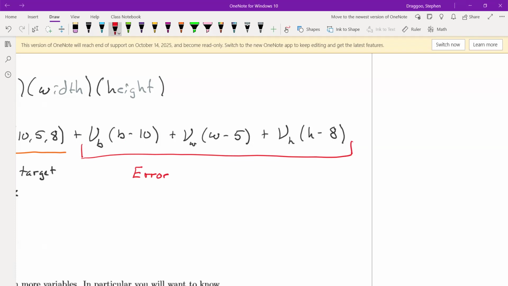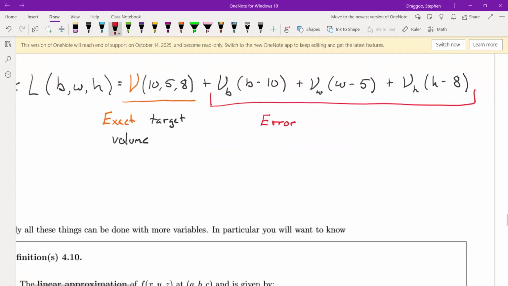Those three things. First one will be the error based on the base measurement. Really should have used length. Second term will be the error based on the width measurement, and then the third term would be the error based on the height measurement. Each one contributes just a little bit to the overall error of this thing.